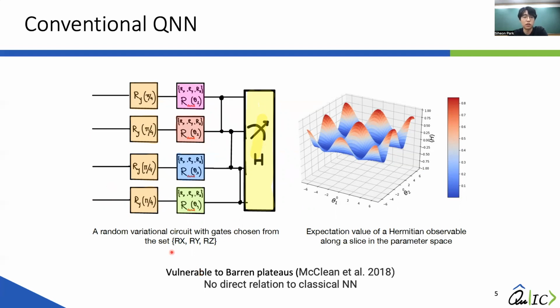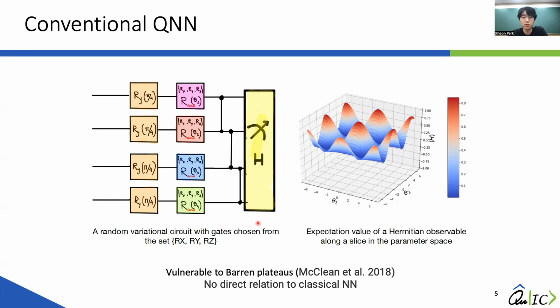And also, as you can see like this, even if we repeat this layer many times, we cannot really define a perceptron. So there is very little connection between a classical neural network and the quantum version of the neural network.